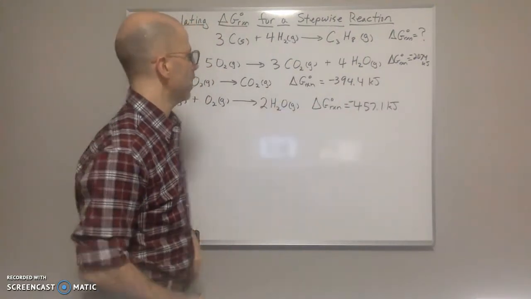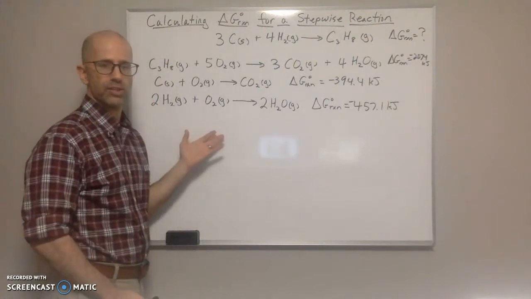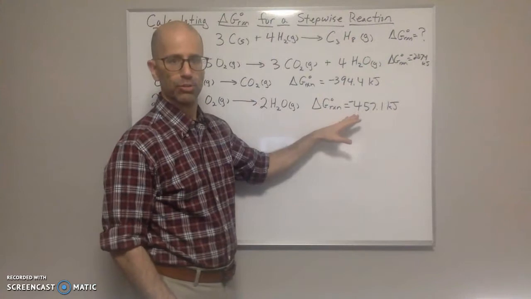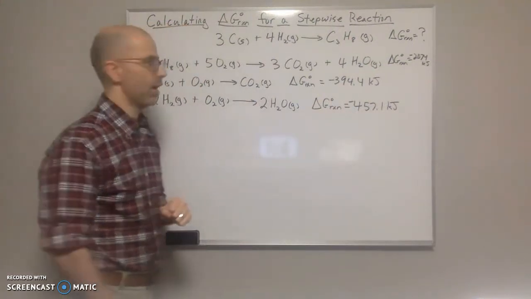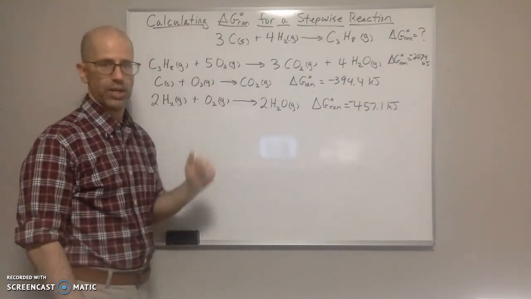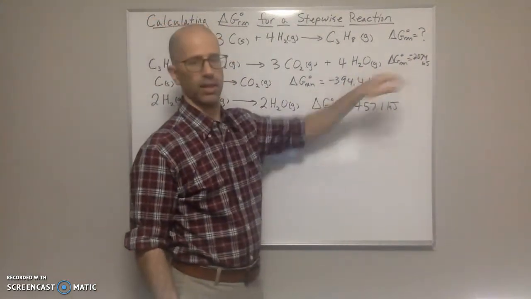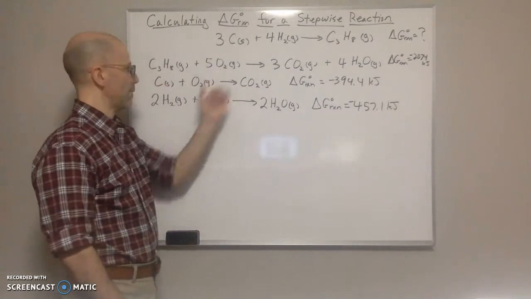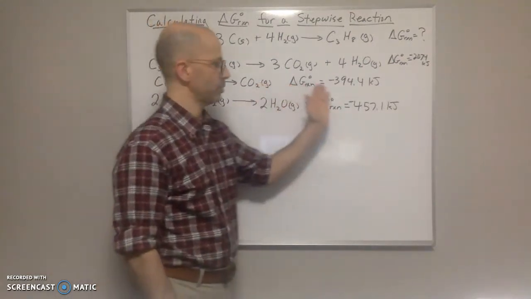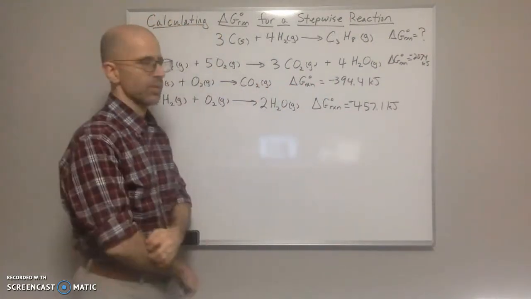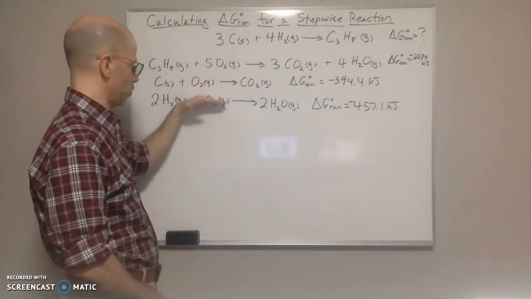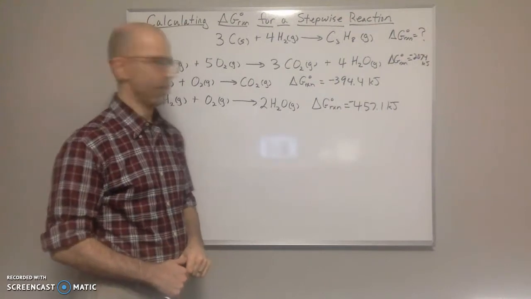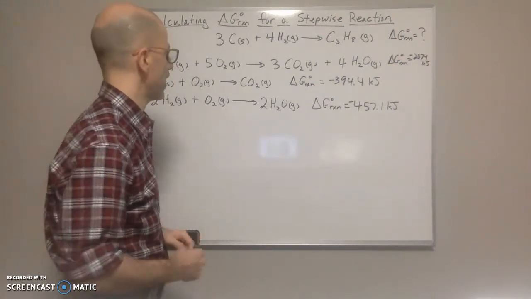So just like with Hess's law, whatever we do to the equation, we've got to do that to the free energy. So if we reverse the equation, then we've got to change the sign of the free energy. If we multiply by a certain factor, then we've got to multiply the free energy by the same factor as well. And then if we add up the equations, then we have to add up the free energies for those reactions.